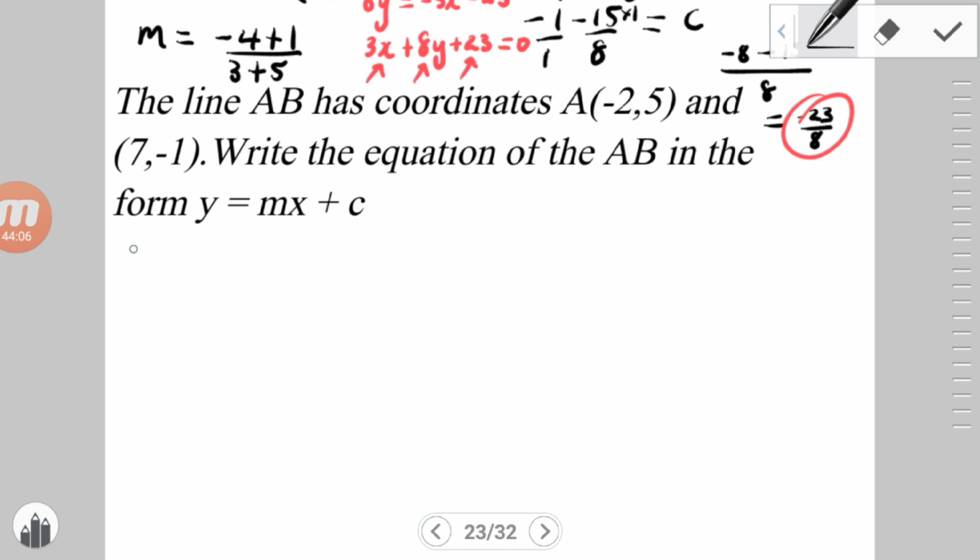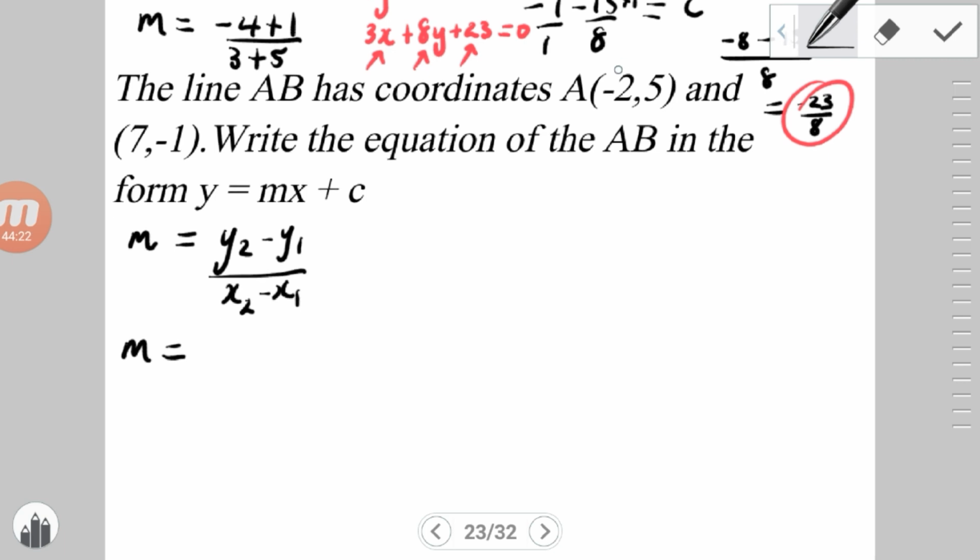So once again, we all start off with the normal, finding the gradient, which is m is equal to y2 minus y1 over x2 minus x1. So before we plug in, let's label our points. So that's x1, y1, and that's x2, y2.